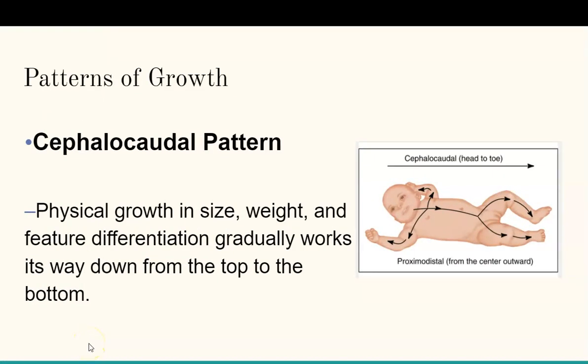And so obviously when children come out of the womb and they are babies, they grow. And so there are two types of patterns of growth that we're going to talk about. The first is the cephalocaudal. And if you look at the picture here, cephalocaudal means that the growth is occurring from head to toes.